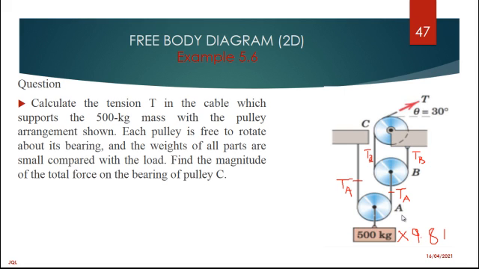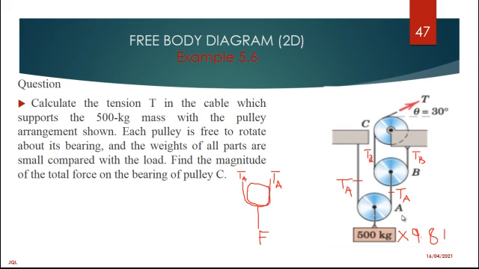So the first free body diagram will be easy to draw. This is where we have our pulley, something like that. This is our TA and TA, and we have our force, which is your 500 kg times 9.81.